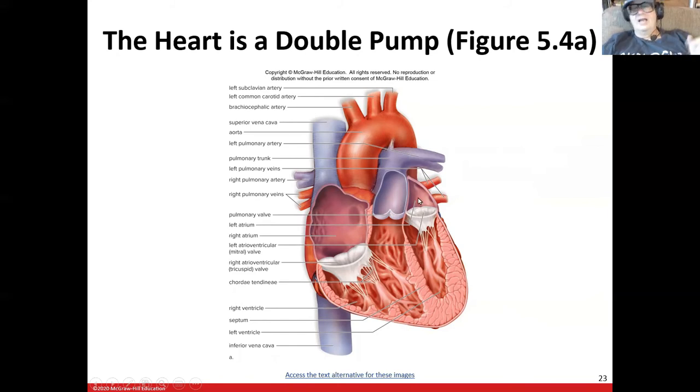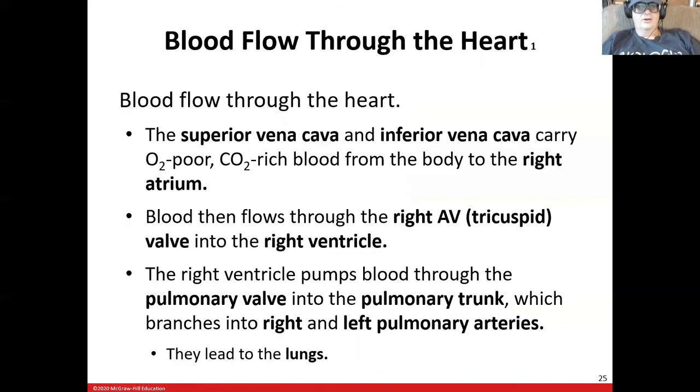So anyway, moving on. The superior and inferior vena cava, I got off on a sidetrack, but you saw where they are. Superior above, inferior below. They're both carrying low oxygen, high carbon dioxide blood. You know that because of the song: the right atria is where the process begins, where the CO2 blood enters the heart.